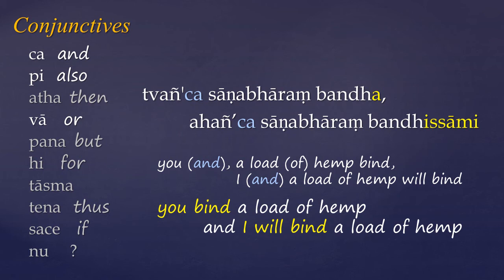This example actually has a couple of interesting features. Notice that the niggahita of tvam and aham becomes palatalized before ca. And the verb bandha is actually in its bare stem form, which for A-stem verbs makes it a second-person imperative, thus creating an instruction, you bind.